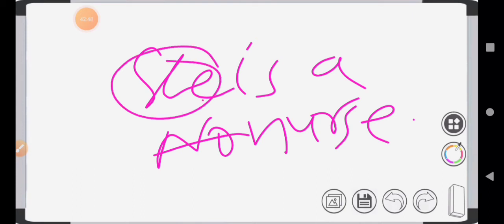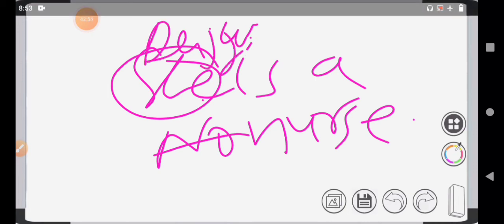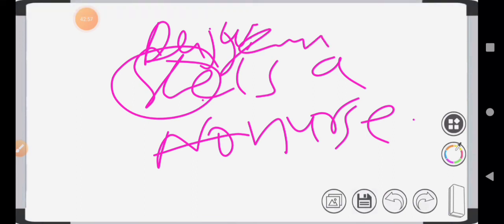She is a nurse. Take a name: Rajyam is a nurse. Who is a nurse? Rajyam. That means this word expresses something about the subject. This is the subject complement. This is a linking verb, my dear students.